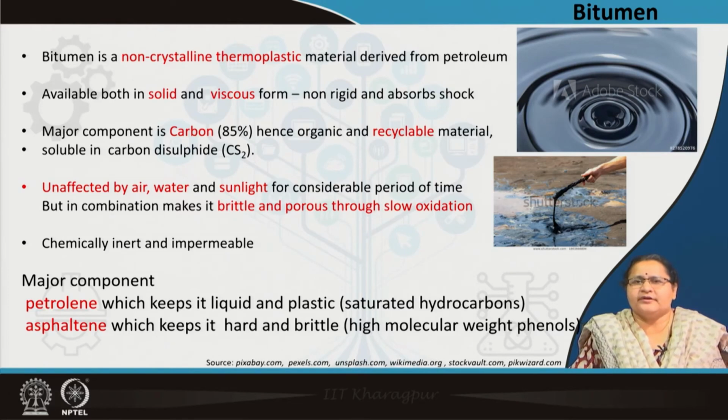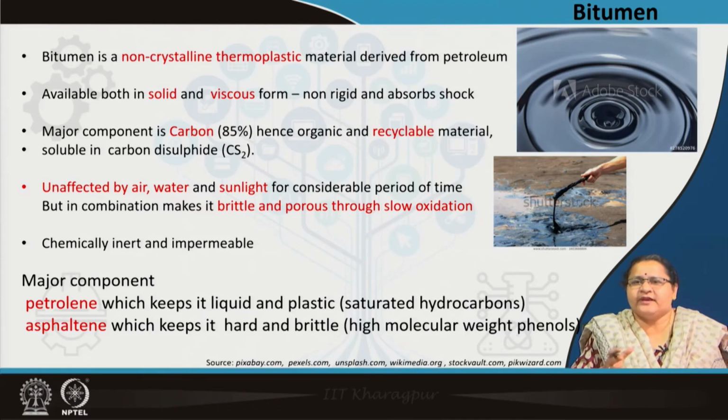So, it is a non-crystalline thermoplast and obviously we use it mostly when it is derived from petroleum. It is something solid, somewhat viscous, it is non-rigid, it does not have any fixed shape, and it can absorb shock, it can change shape.